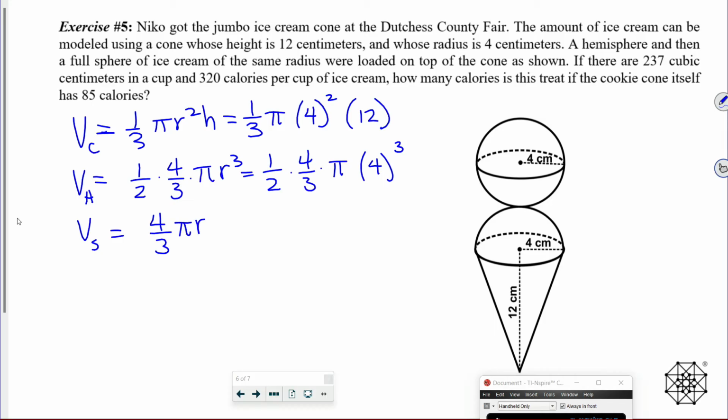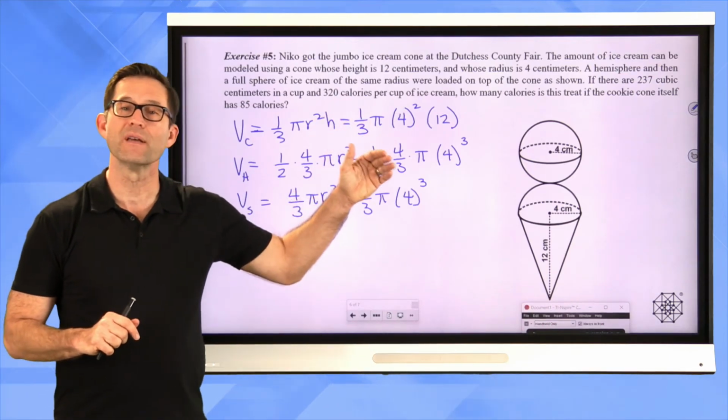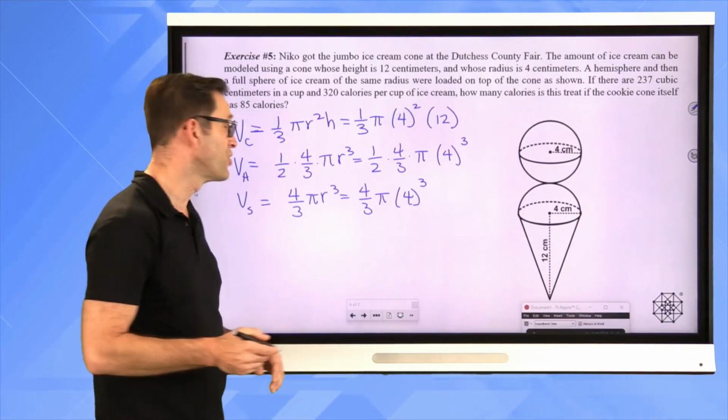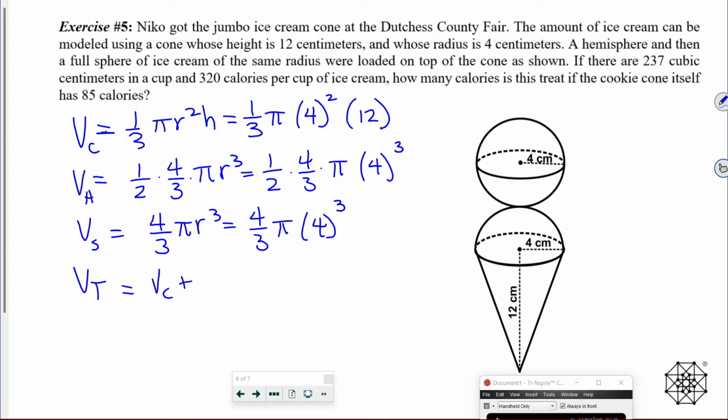That's 4/3 pi r cubed, and that's going to be 4/3 pi times 4 to the third. All right. So all of these represent the 3 different volumes that are in this problem. And of course, my volume total is going to be the volume of my cone plus the volume of my hemisphere plus the volume of my sphere.